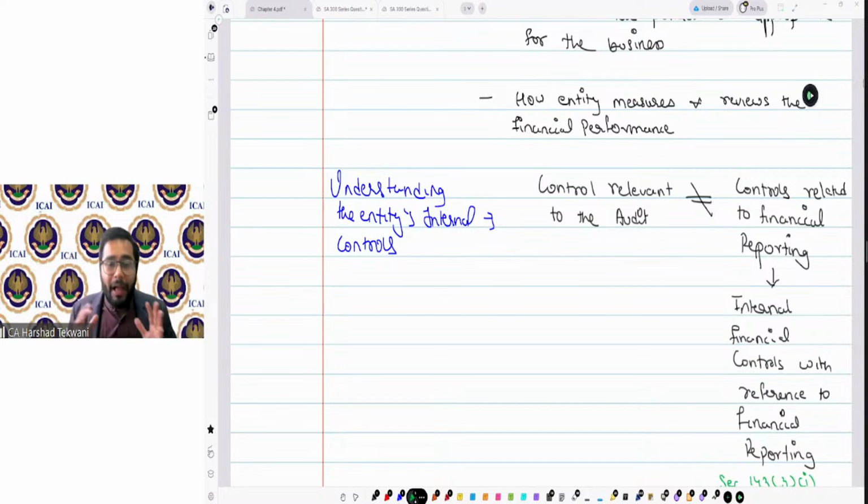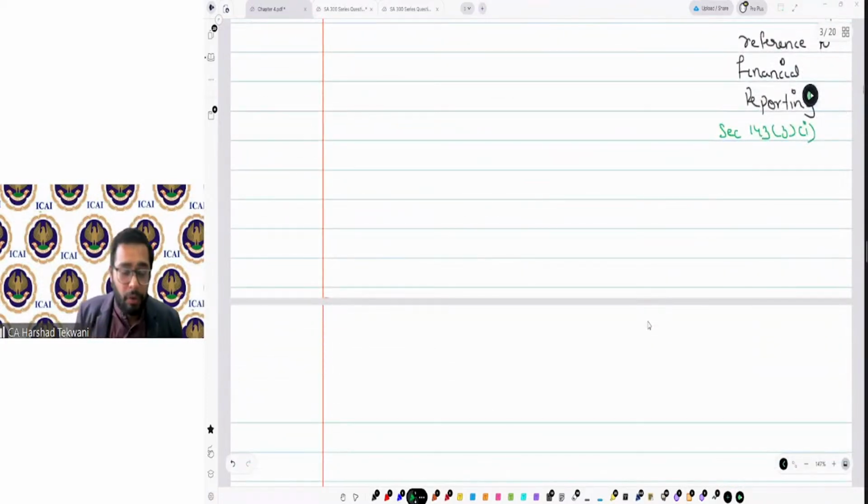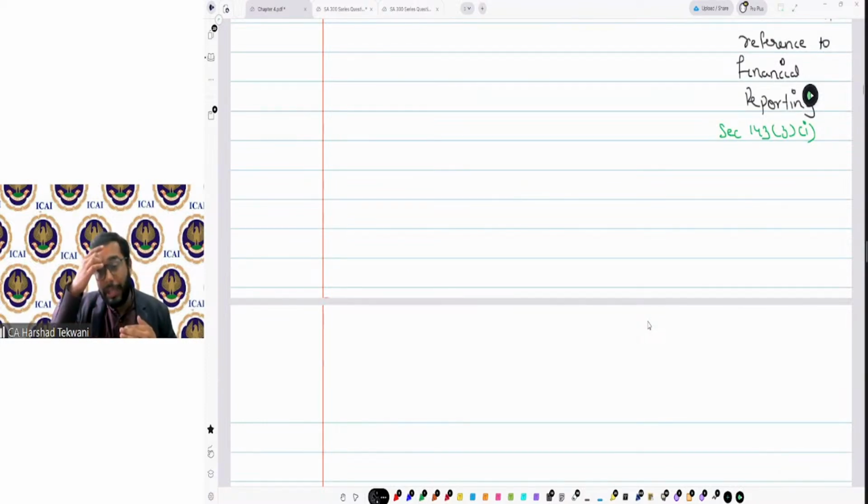So not all the financial reporting controls are relevant to the audit. This is something we need to understand with respect to the controls. A lot of the time, students get confused and think controls relevant to the audit and controls over financial reporting are the same. No, they are not.